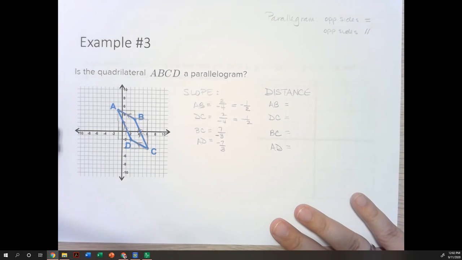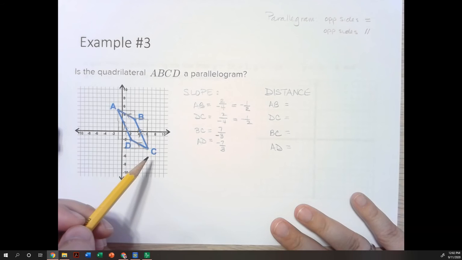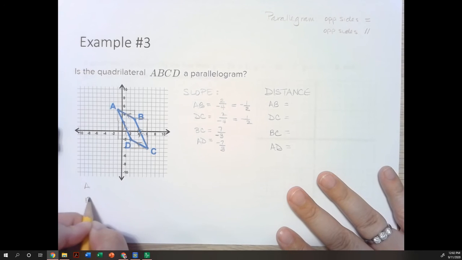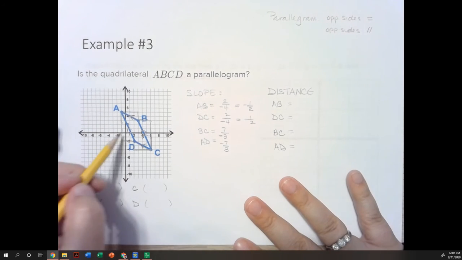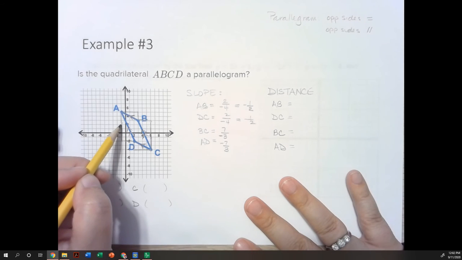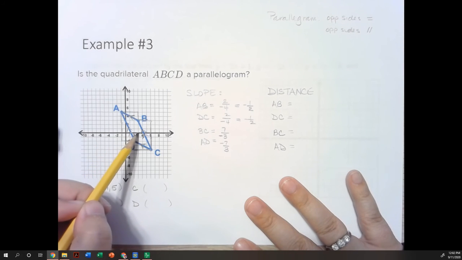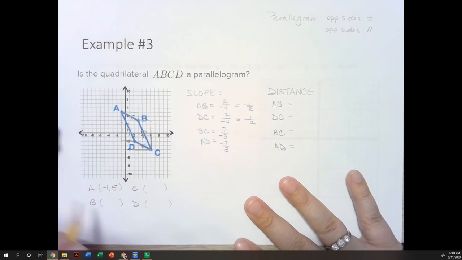Now, the last couple of pictures were really nice to us and gave us the coordinates. I don't have the coordinates right now, so I need to write those down. So A, B, C, D. I need to write down what those x, y's are. A is -1, up 1, 2, 3, 4, 5, so -1, 5. B is 3, 3.